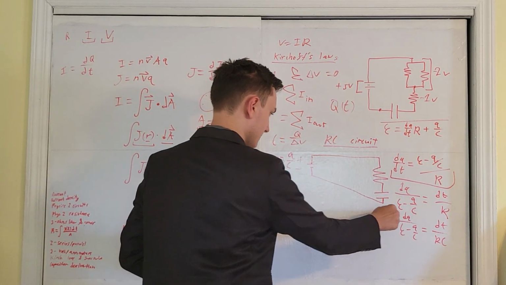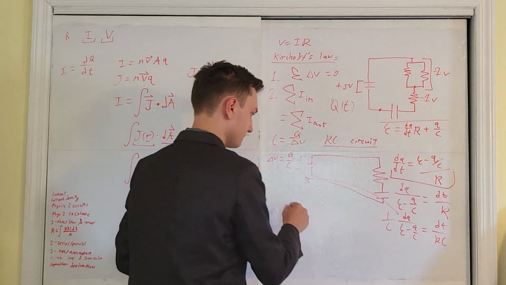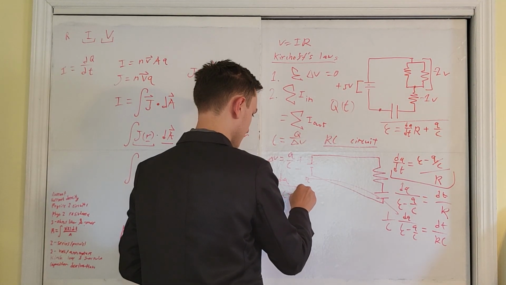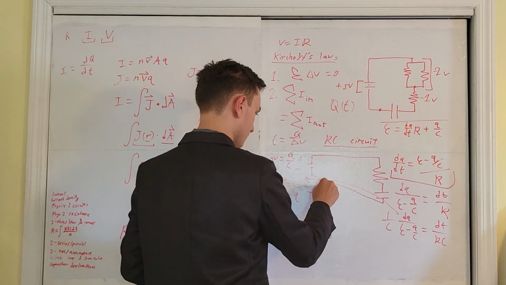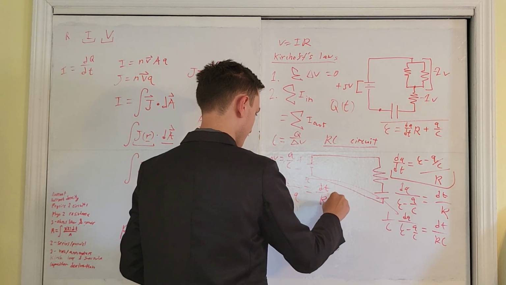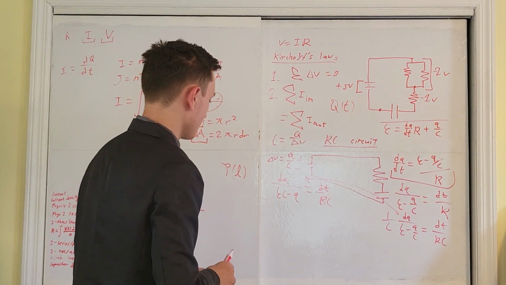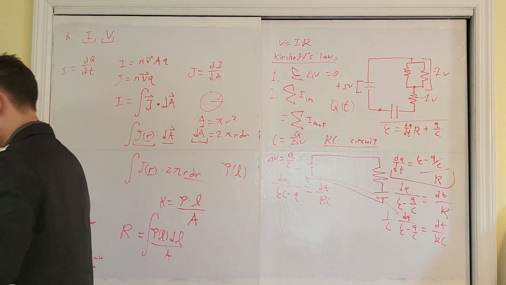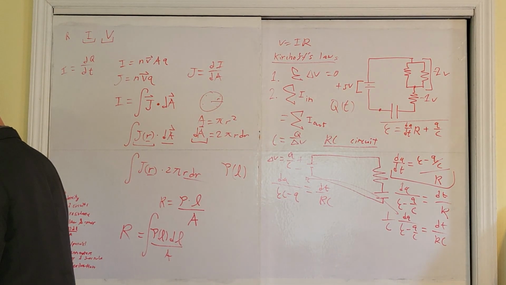And I'm going to bring this over here. That's going to say dq over epsilon c minus q equals dt over rc. The reason RC is significant is because I believe this equation is given to you on your reference table.